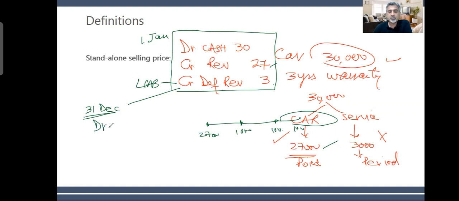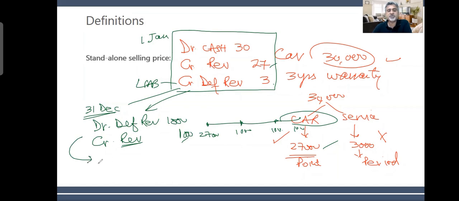I would say now debit deferred revenue. This deferred revenue, before I made it a credit, which was a liability, now I make it a debit, 1,000, and I would say credit revenue, 1,000. Now 1,000 will go to my revenue, and 1,000 will be reduced from my liability. And the same transaction will happen next year.